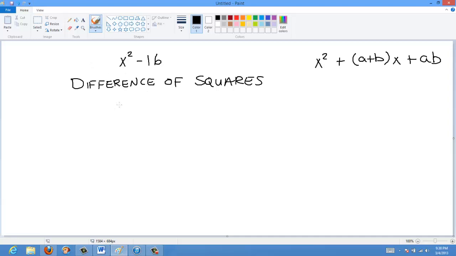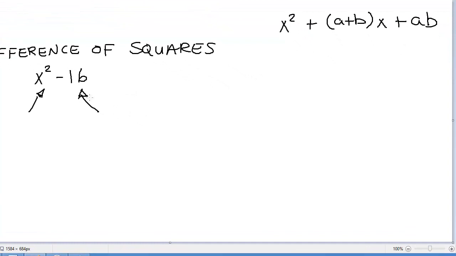Well, it's because x squared is obviously a square, but 16 is also a square. So what this means is that this is 4 squared and this is x squared. And so the answer has to be x plus 4 and x minus 4. That's always how it is.